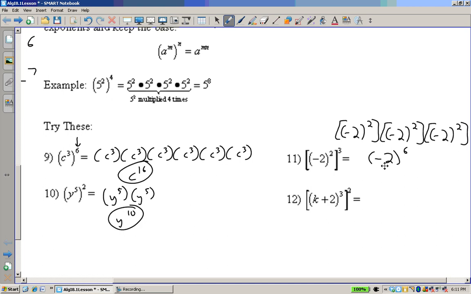Since there's an even number of negatives, it will end up positive. And we simply have 2 to the 6th power. Now, if you like, 2 to the 6th power, 2 times 2 times 2 times 2 times 2 times 2. That ends up being 64.